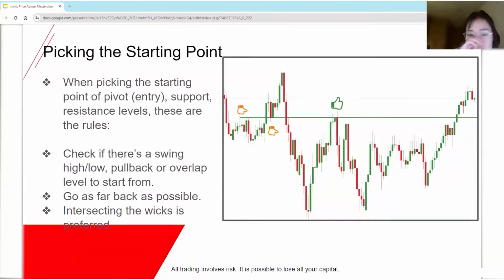Next is to go back as far as possible without intersecting too many bodies of candlesticks. We have some swing highs here, where the resistance level cuts the wick of the candlesticks. That's fine. Over here, it's cutting the bodies a little bit, so that's not too preferred, but that's fine as well. Some more examples here.